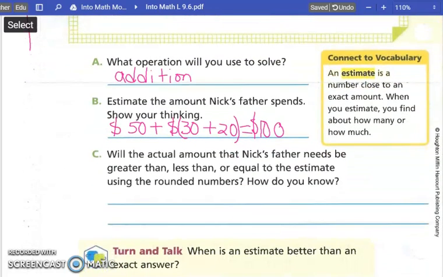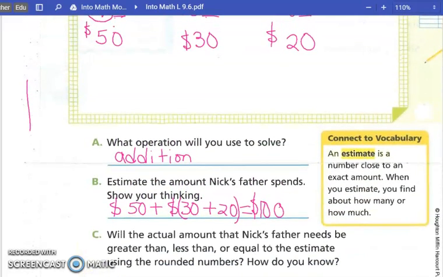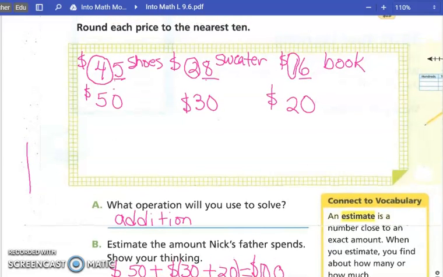Okay? Will the actual amount that Nick's father needs be greater than, less than, or equal to the estimate? Use the rounded numbers. How do you know? Okay, so we're going to have to do what? Who can tell me? How are we going to know if he's going to spend more or less? We have to add the numbers that we got.